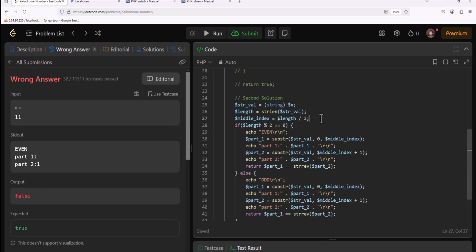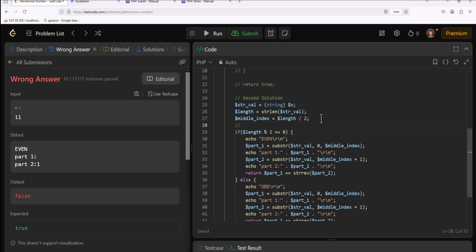For example, if we have this, it would be 2 divided by 2, which is 1, and it will take 0 until 1, which is correct, and then 1, no, it's not correct.